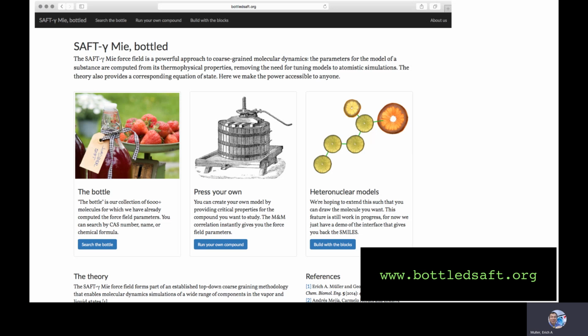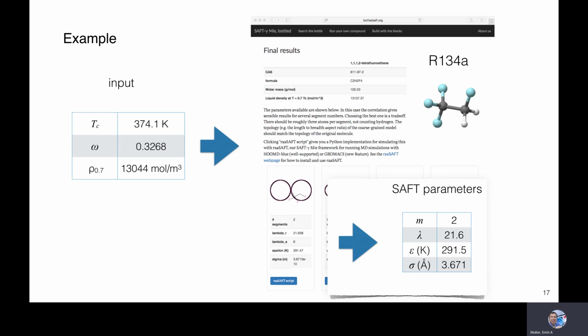So in this web page, you can enter critical properties as input. Otherwise, you can simply enter names, and there's a database of properties. But if you wish to input the data yourself, we would need three pieces of information. One is a critical property, the critical temperature.